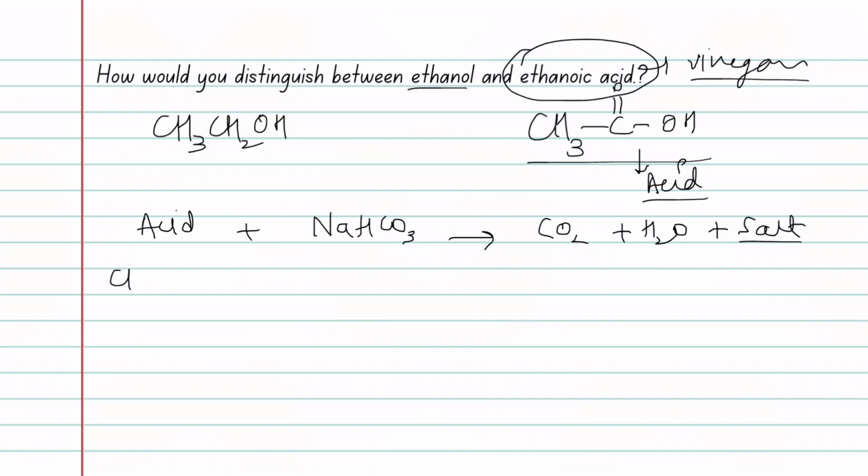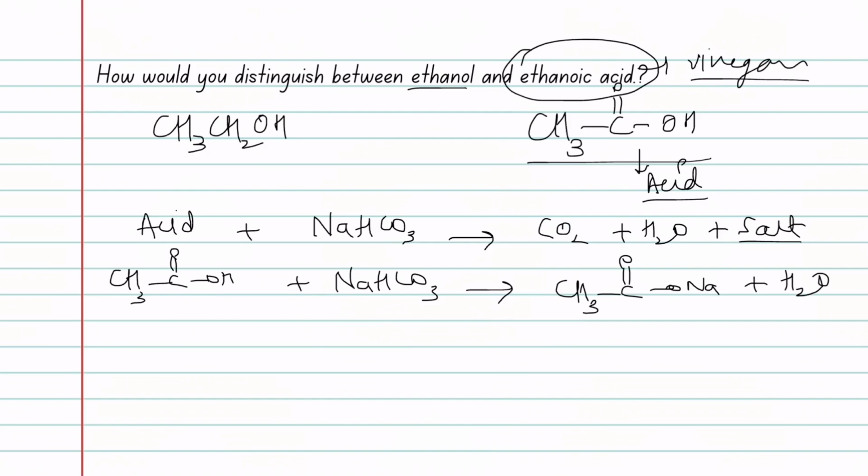So let's say you have ethanoic acid. It will combine with sodium hydrogen carbonate to give you sodium ethanoate, water and carbon dioxide. This carbon dioxide gas you will see as effervescence, or as a fizz.